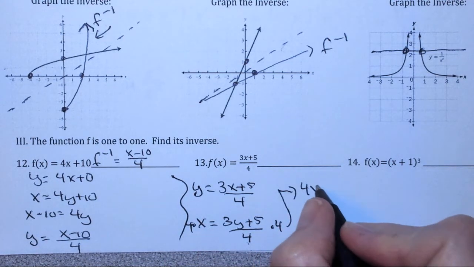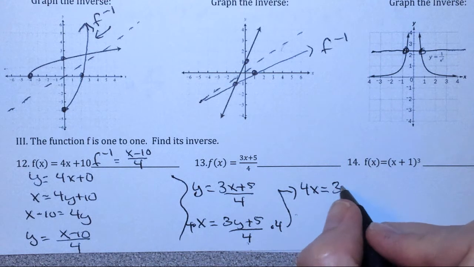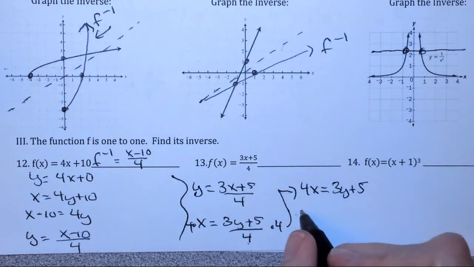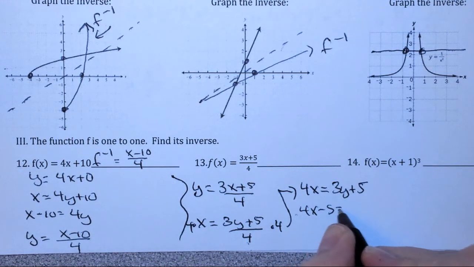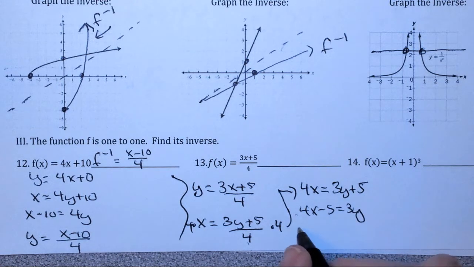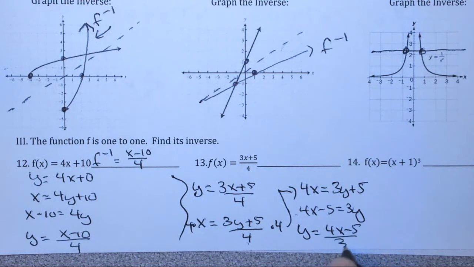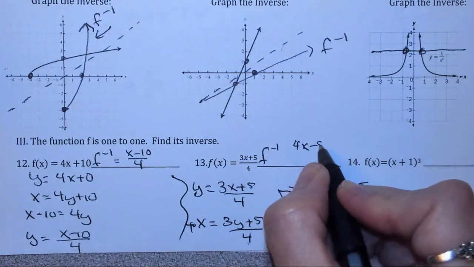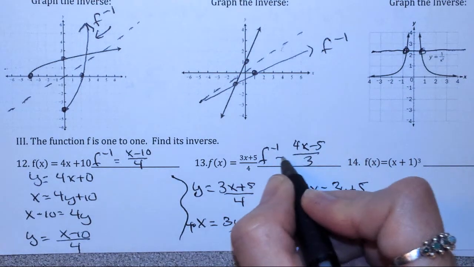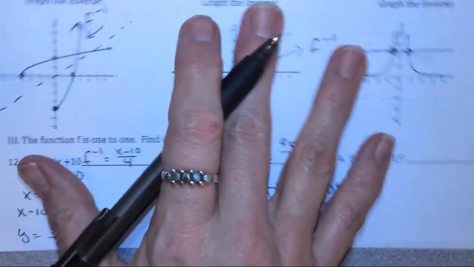So then you have 4x equals, these 4's will cancel, 3y plus 5. You're going to subtract the 5, and then divide by the 3. So y will equal 4x minus 5 over 3. So your inverse is 4x minus 5 divided by 3. Okay, last one in this section.